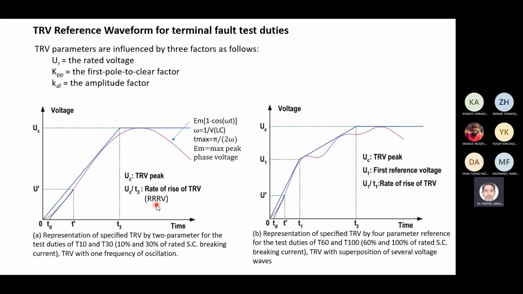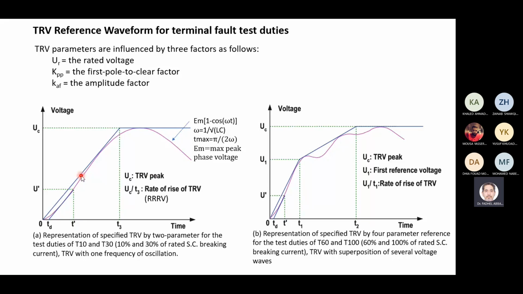This is mostly used for one-time constants like this. So this is the actual voltage. This is the transient recovery. Once you open a circuit breaker, the voltage between the contacts of the circuit breaker will increase in a specific pattern.